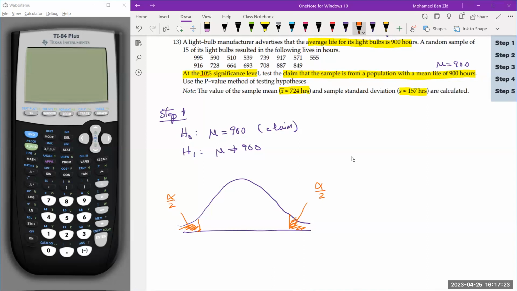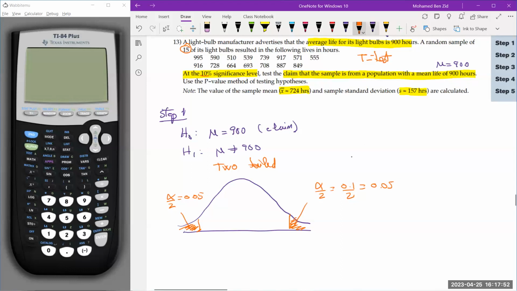So if alpha is 10%, which is 0.1, this is going to be 0.1 divided by 2, which is 0.05. And this is going to be 0.05. That's one tail, right? So this is two-tailed, and we're good. Now, we have a sample of 15, which is less than 30, so it's going to be a t-test.